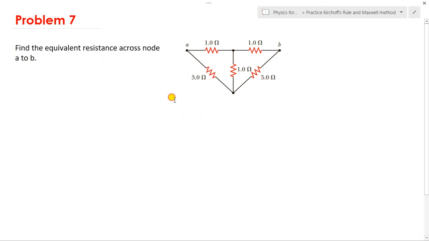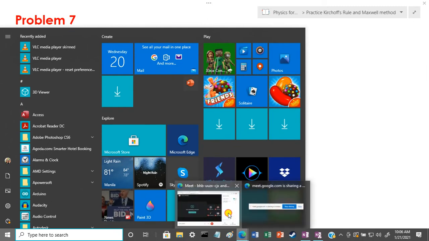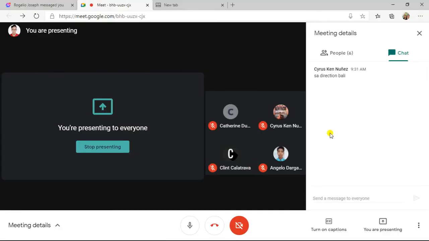Find out the equivalent resistance across node A to B. Have you encountered this in your subject? Do you have any idea? How would you answer this?